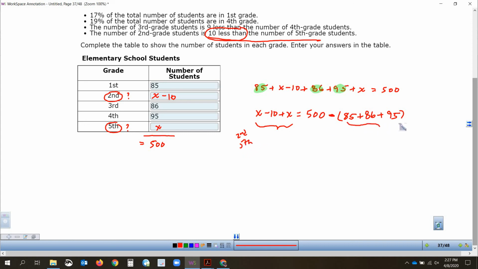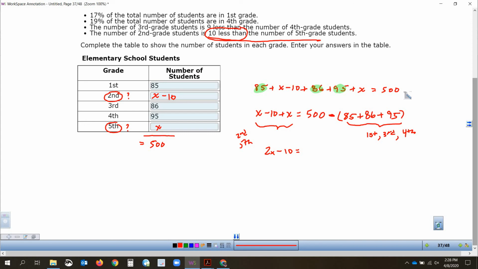This right here, those are the number of kids in first and in third and in fourth. If we simplify this side, 1x plus another x makes 2x minus 10. So 2x minus 10 equals 500 minus 85 plus 86 plus 95.